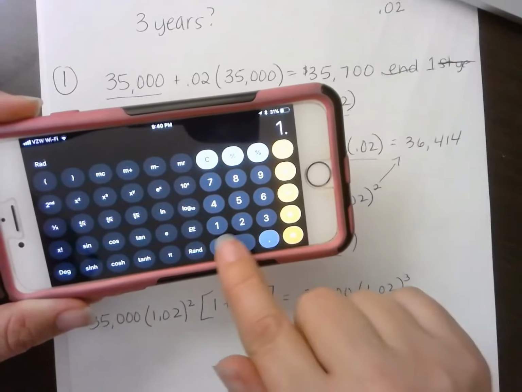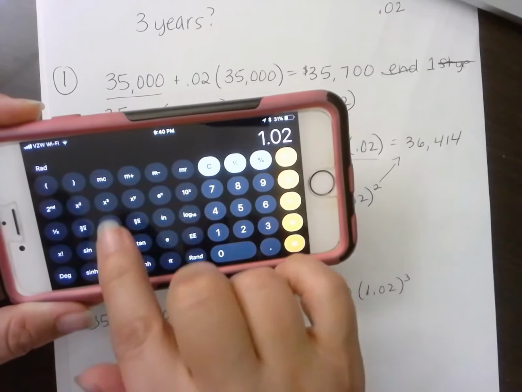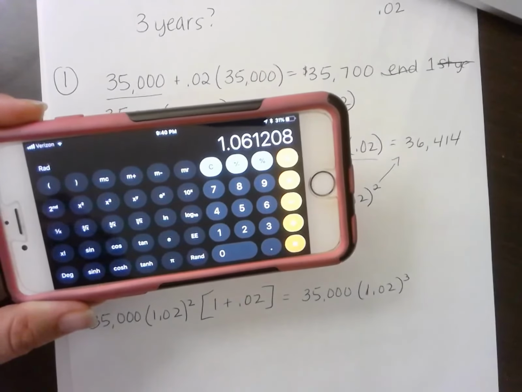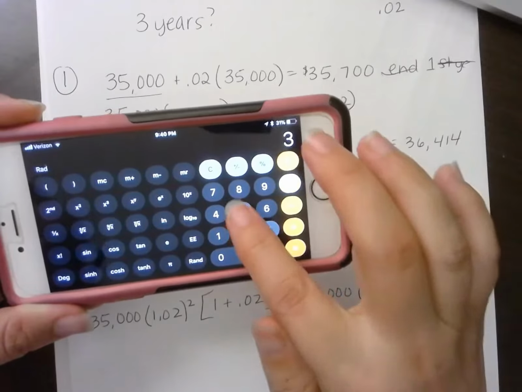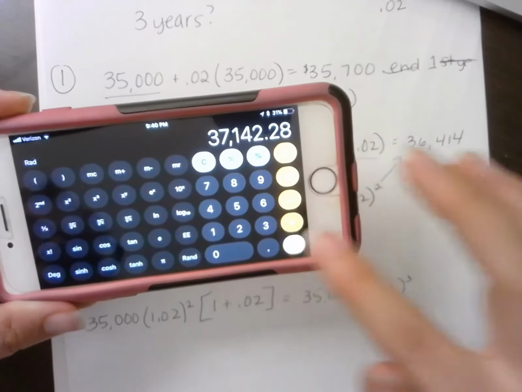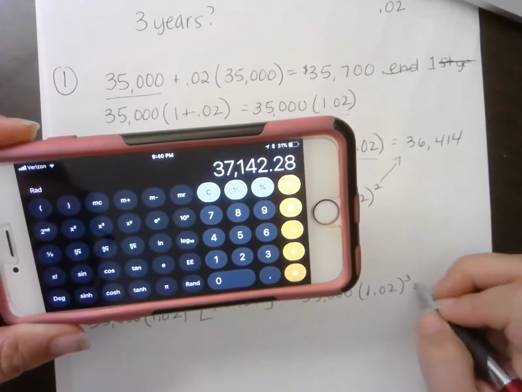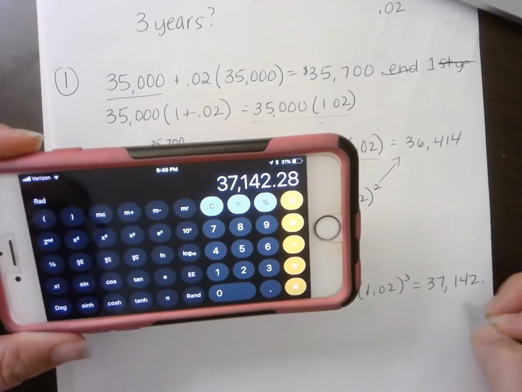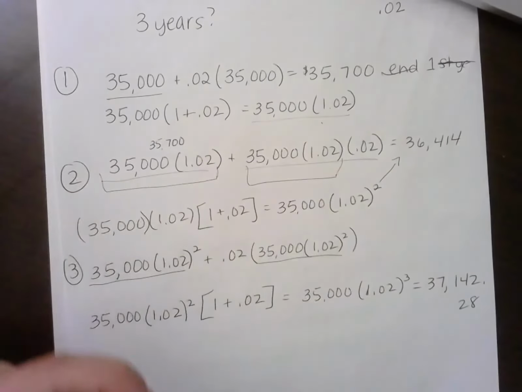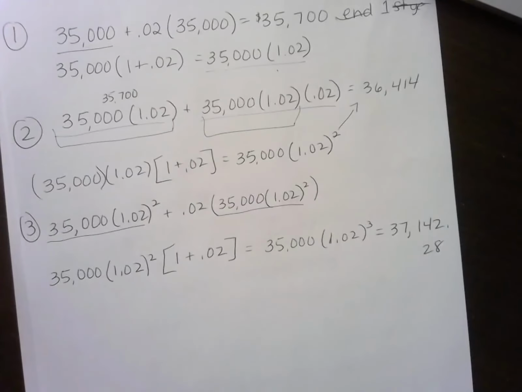So I have 1.02, and then I'm going to raise it to the third power, and that's what that value is, and then I multiply it by the 35,000, and this is how I get my answer, which is, after 3 years I will now be making $37,142.28, okay? And I could keep going with this.